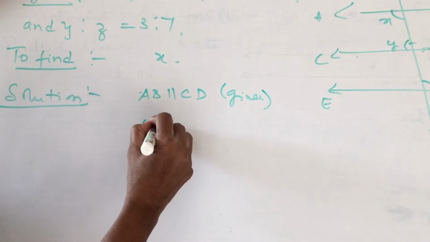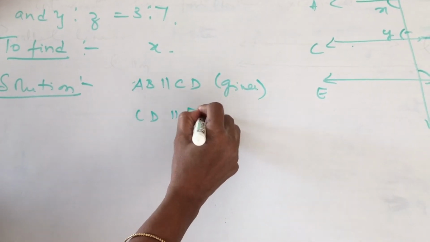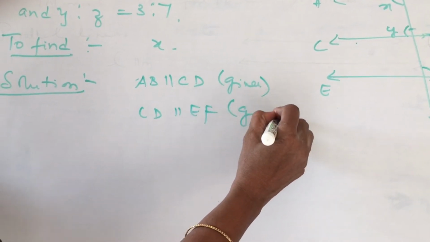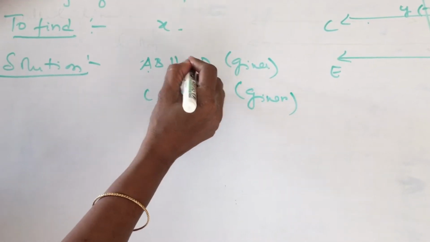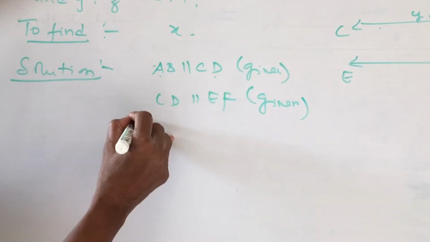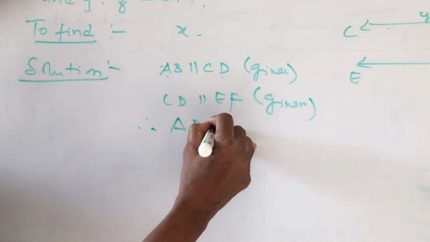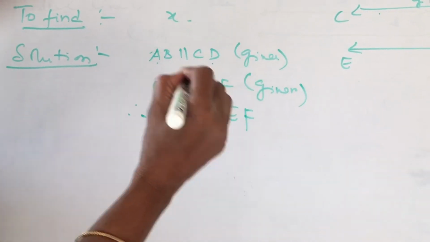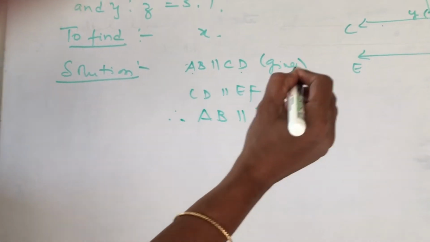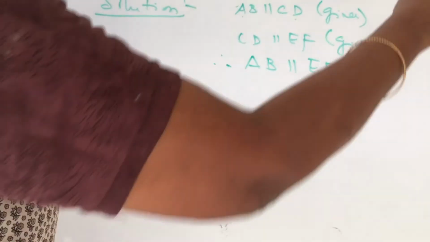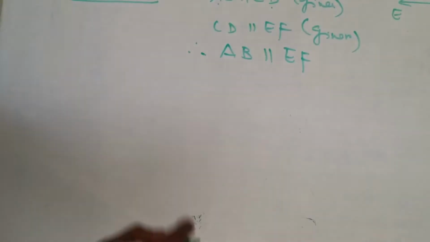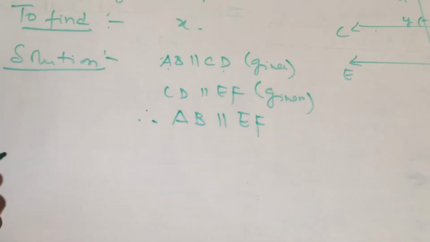CD parallel to EF, given. Therefore AB is parallel to EF. Are you able to follow, children?